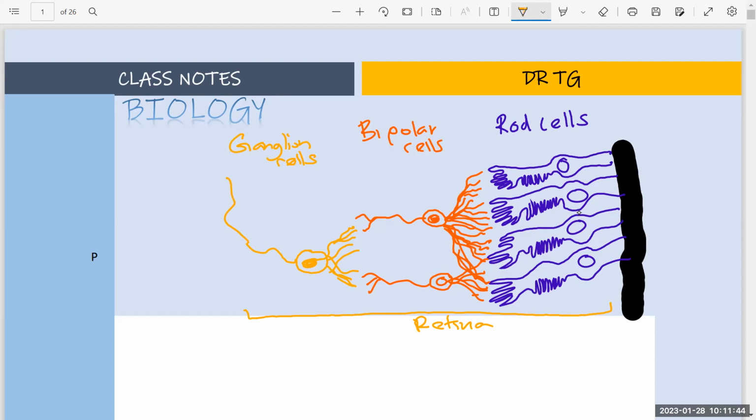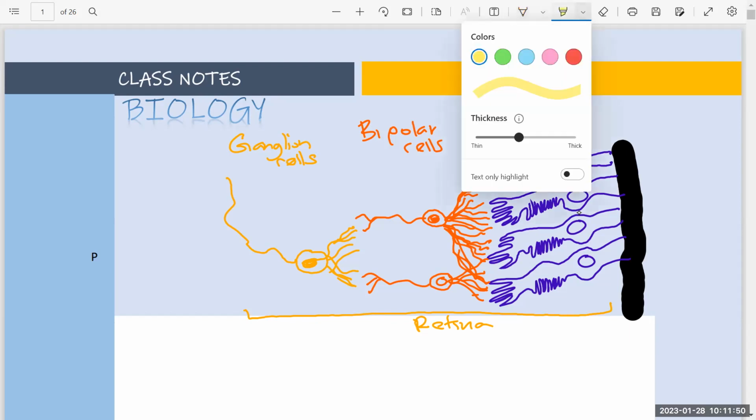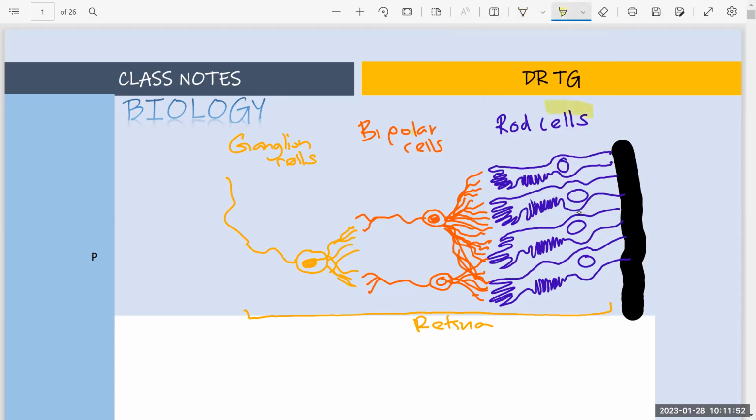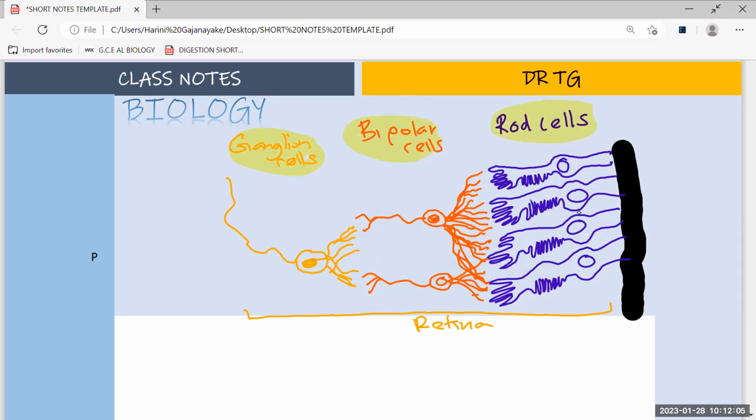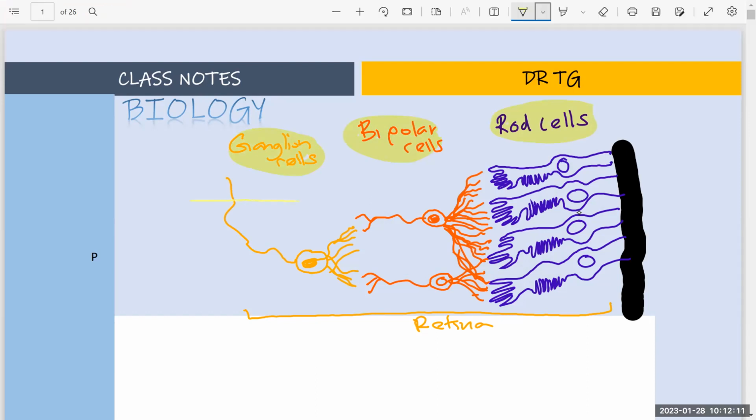The retina then has 3 types of cells: rod cells, bipolar cells, and ganglion cells. This yellow line represents the direction of the light.